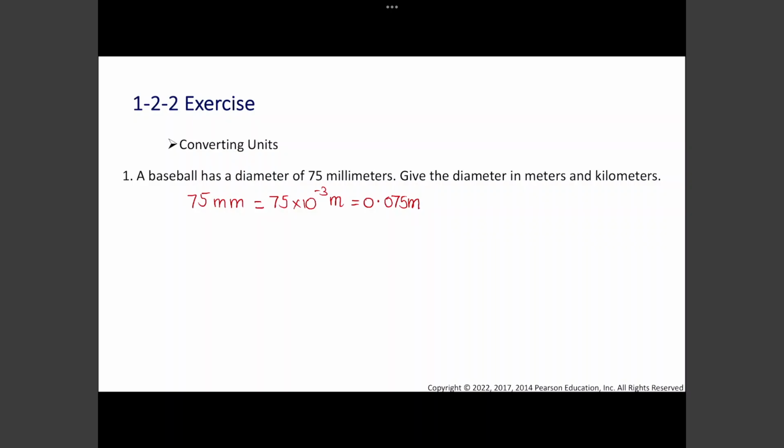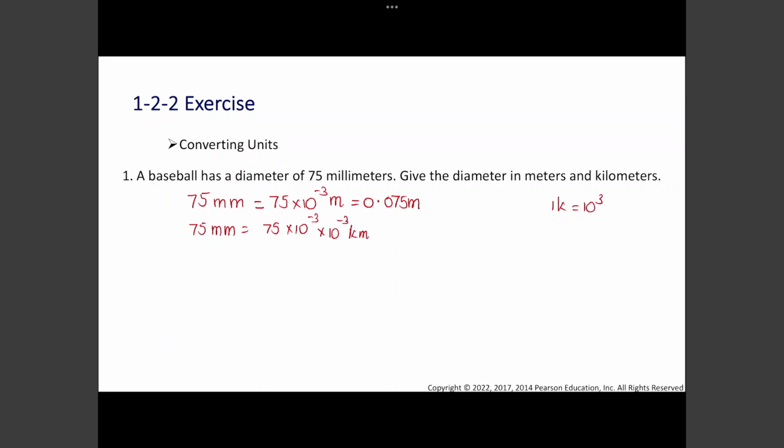Now we need to convert this number into kilometers. What is kilo? That means 10 to the power 3. We know 1 k is 10 to the power 3 from our prefix table. So 75 millimeters, we convert it to meters, that means 10 to the power minus 3 meters. And to convert it to kilometers, we need to multiply by 10 to the power minus 3.